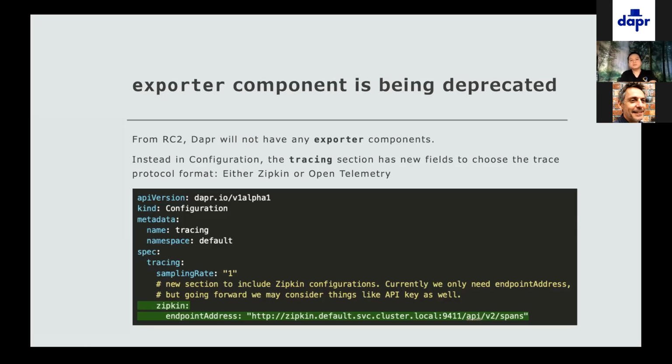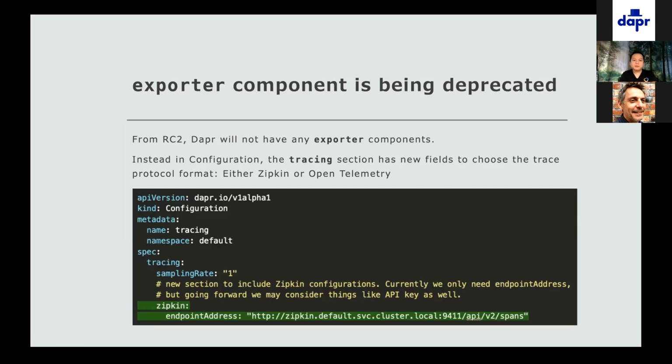But in RC2, the immediate change that we make is that there is no longer an exporter component. Instead, all the tracing parameters or settings will be moved into the configuration object.